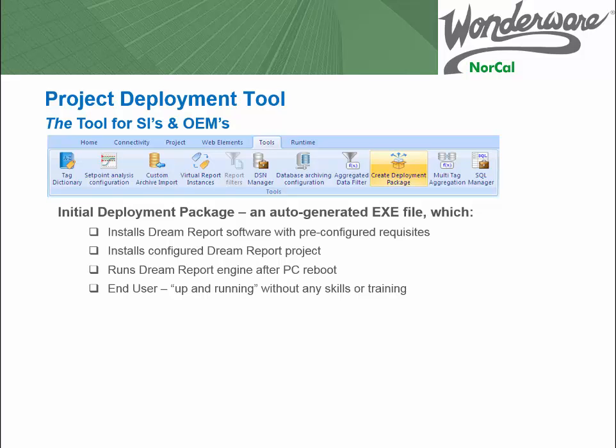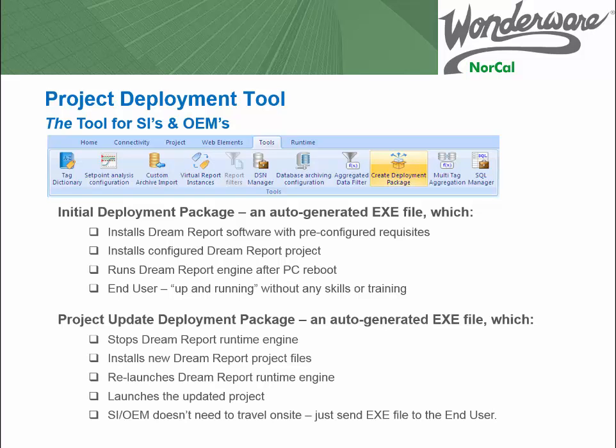After developing an application in-house, the SI can take the executable on site, double-click it, and everything needed will be installed. For OEMs, this is a great way to create a black box installation that can be quickly installed on every system they sell. If a customer requests changes or new reports, the changes can be made on the off-site project, and then an update package can be sent to the customer, which will apply the changes to the running project. A great time and cost saver for all parties.